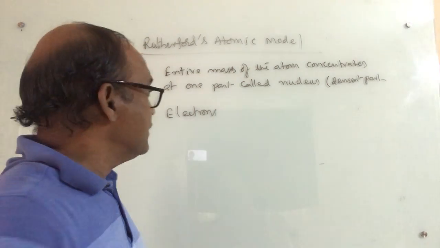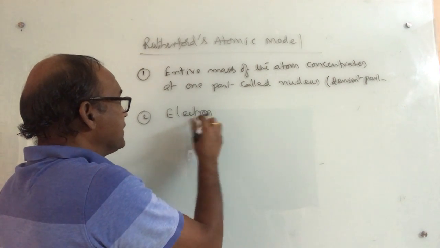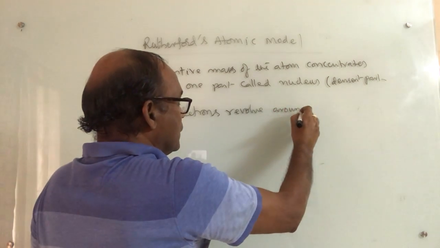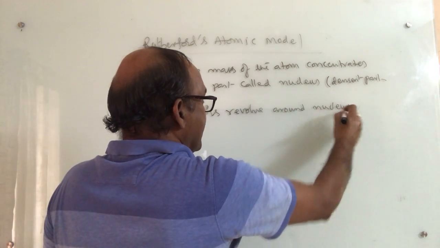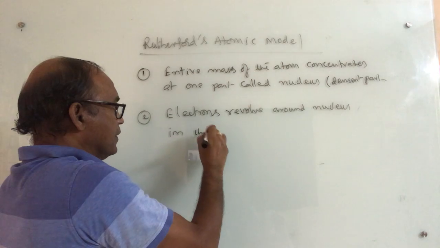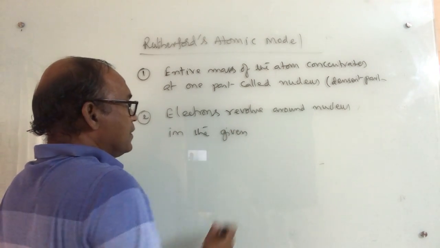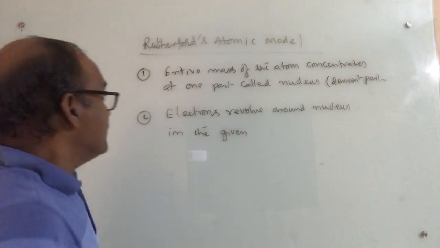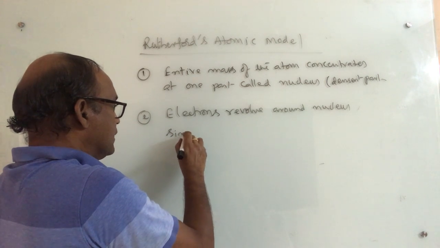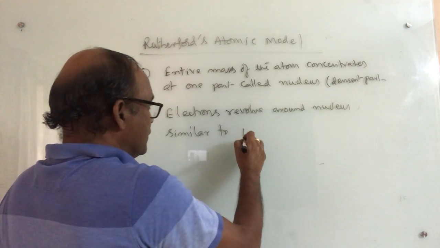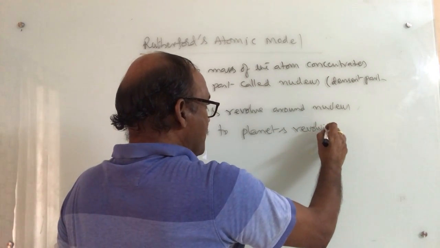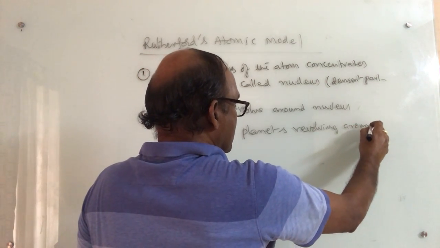But out of his intuition or some other information, he said electrons revolve around the nucleus, similar to planets revolving around the sun.